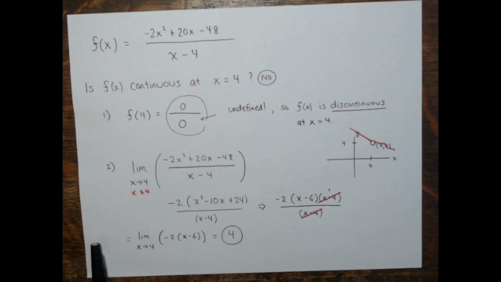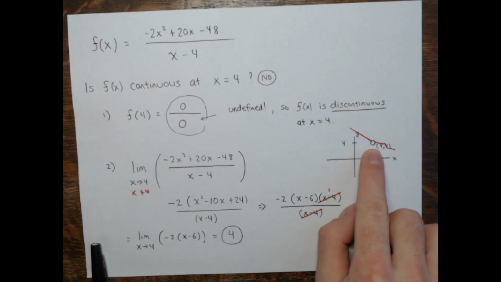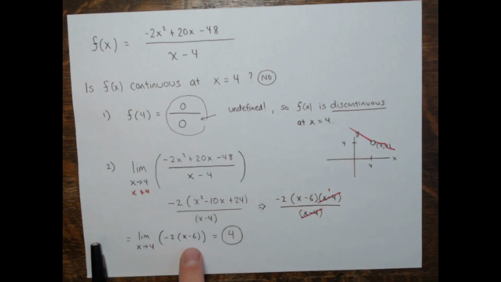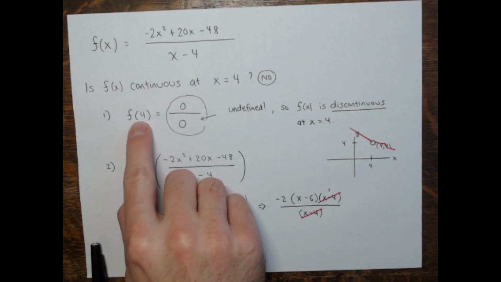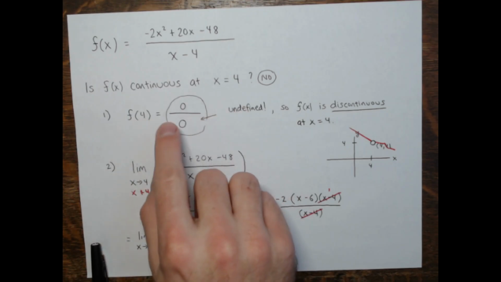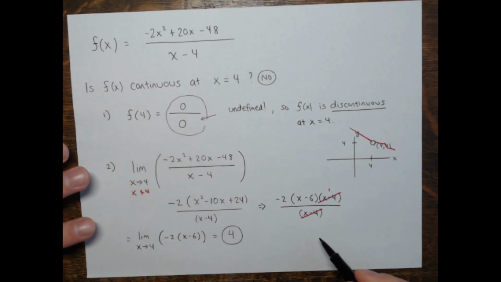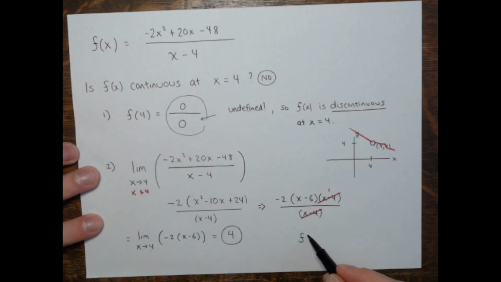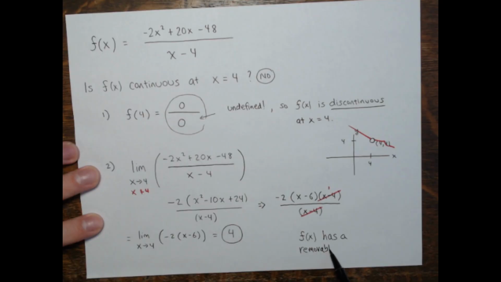And I'll show you in a graph. So this is removable. Remember, when it's just a hole, right? This two-sided limit exists, but it's definitely not the same as the value of the function at 4, because that's undefined. We have a removable discontinuity. So f has a hole, a removable discontinuity at x equals 4.